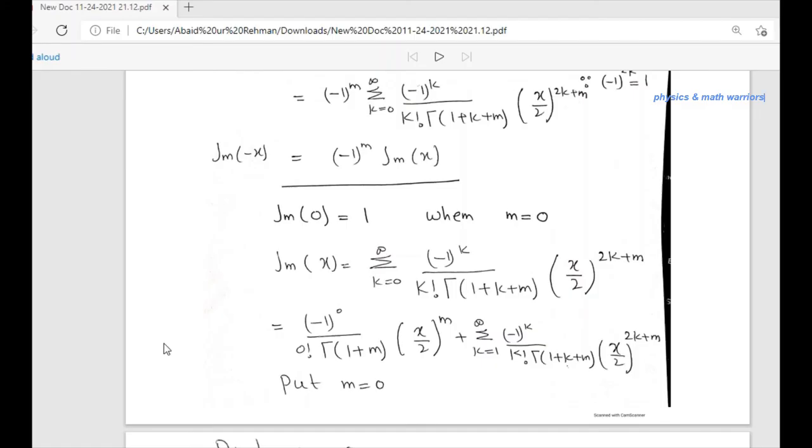Now we will open the summation for the first term. The first term is k equal to 0, then the above equation becomes J m of x is equal to minus 1 raised to power 0 over 0 factorial gamma of 1 plus m, times x over 2 raised to power m, plus the summation k equal to 1 to infinity of minus 1 raised to power k over k factorial gamma of 1 plus k plus m, times x over 2 raised to power 2k plus m.